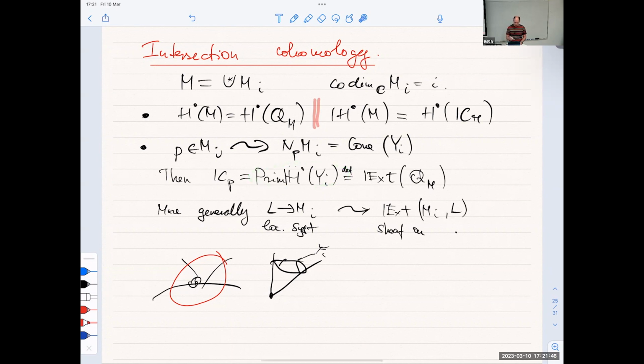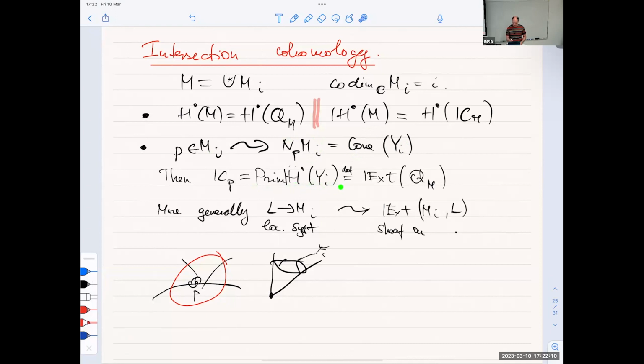So the point is that if you take a point P in this M_i, I'm describing an algorithm. You take this point, you look at a neighborhood, you represent the neighborhood as a cone over a projective variety. Over this variety, you calculate its intersection cohomology, because it's lower dimensional, supposedly you know how to do it.